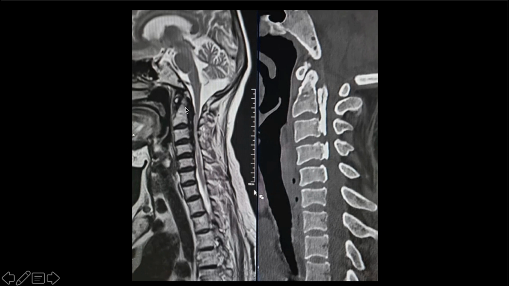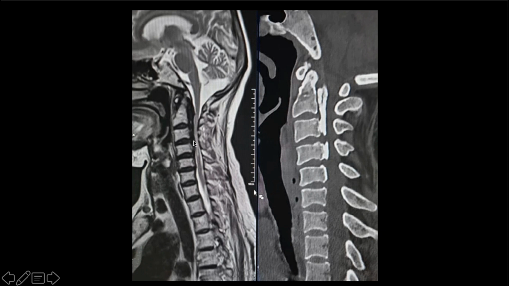Interesting case. Here you are able to appreciate in cervical spine MRI diffuse thickening of the posterior longitudinal ligament extending from C2 to C4 level. It is causing severe compression on the cord, resulting in myelomalacia. Here you are able to appreciate the myelomalacia significantly.